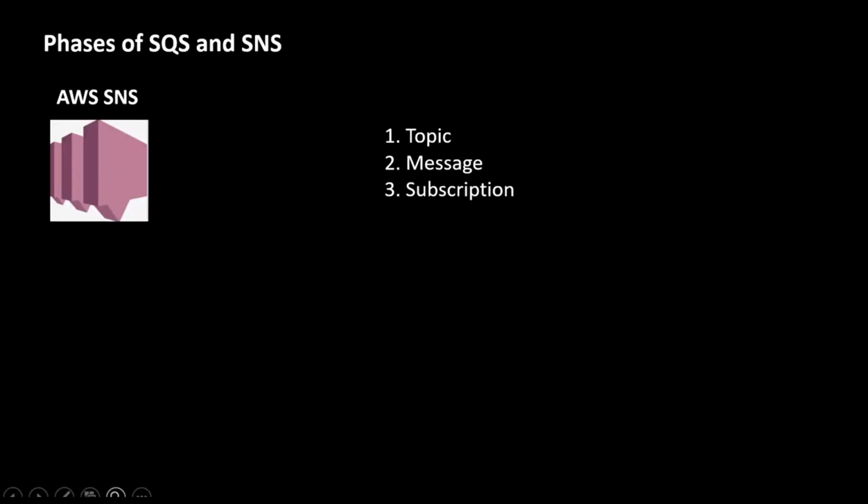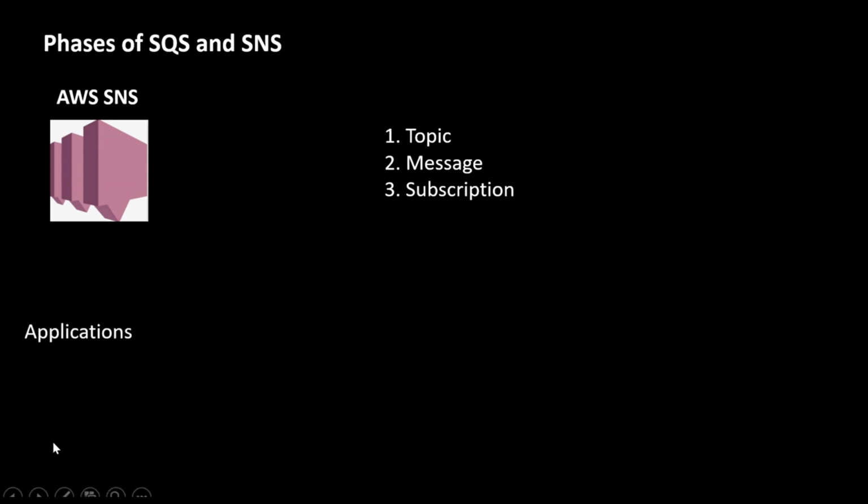Now let's understand the phases of SNS. As you can see on my screen, this is AWS SNS, and here also there are three phases, and we can call it topics. Whenever we create SNS, firstly we need to create the topic, after that we need to drop the messages, and finally we need to subscribe to this topic. So these are the three phases.